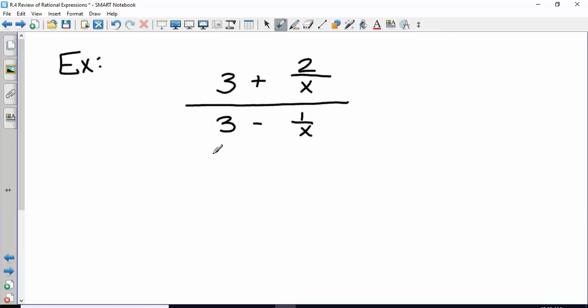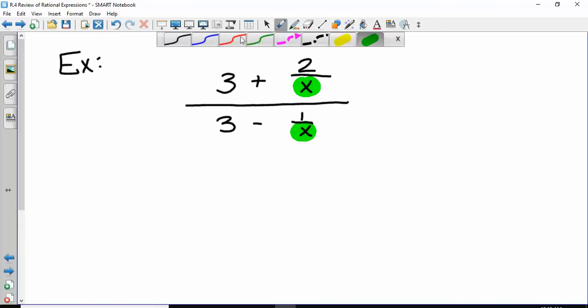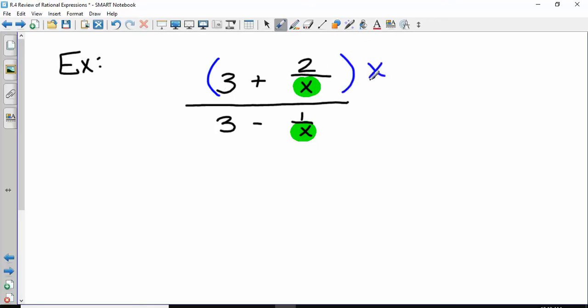The part that makes this so ugly is that we have this over x on both of them. If you wanted to cancel that denominator, you would just have to multiply by x, correct? So what I'm going to do is take the top and bottom of this fraction and just multiply it by an x.